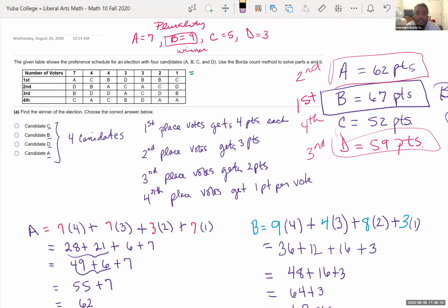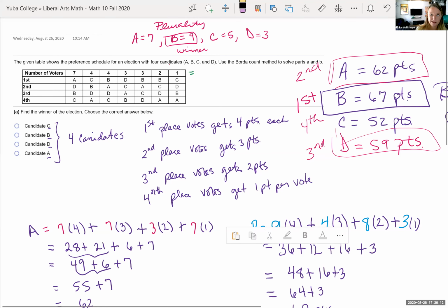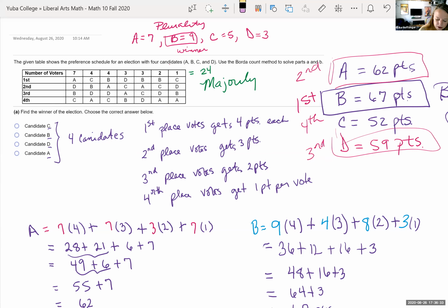We got 11, 15, 18, 21, 23, 24. So half of 24 would be 12, and that's just 50%. Majority wants more than 50. And so a majority winner would have to have 13 votes or more.